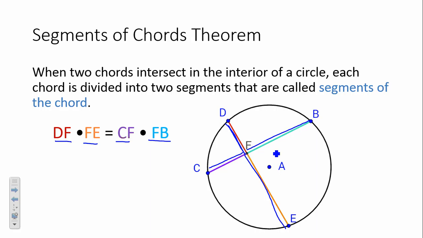So on one chord, one part times the other is equal to the other chord's part times the other. Okay? You break your chord into two portions. One portion of that chord times the other part of it is equal to one portion of the other chord times the other one. Okay? Nothing to write down. It's all on your notes paper. But let's put it to action.